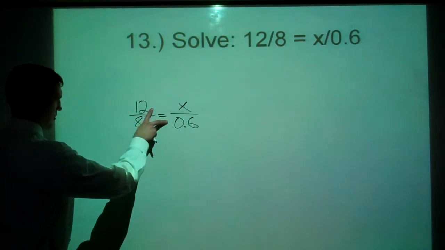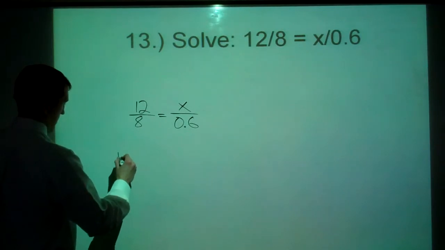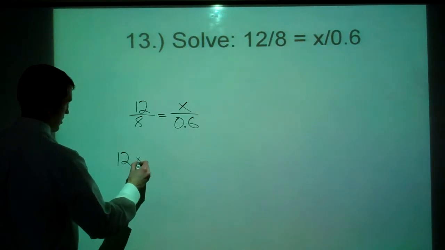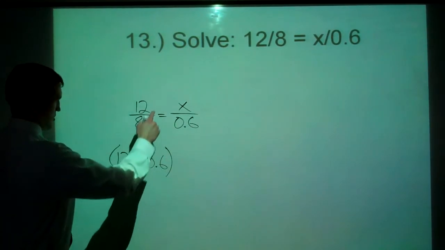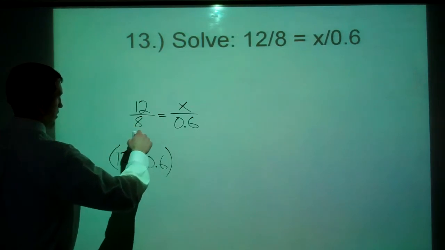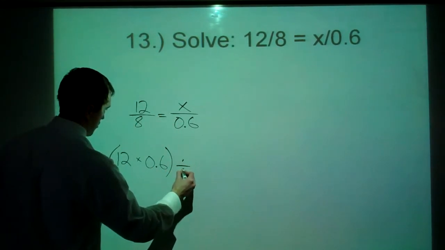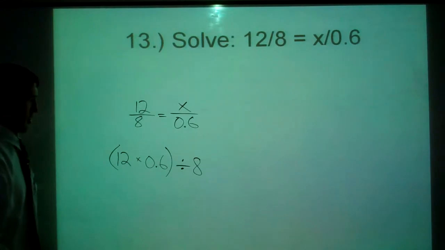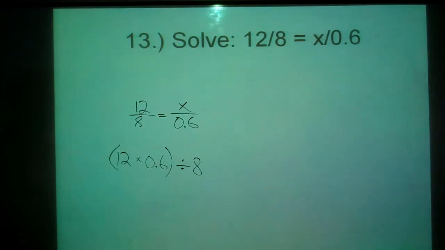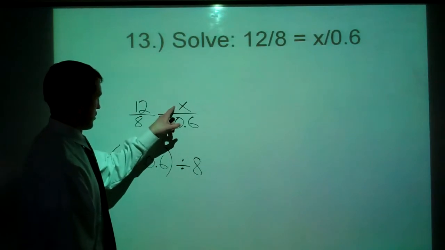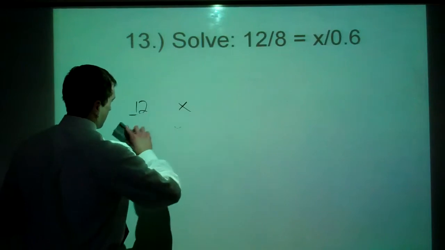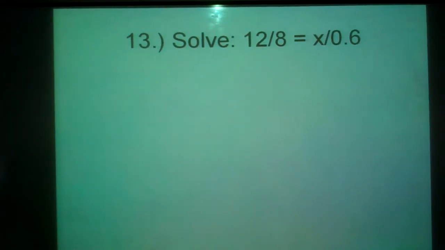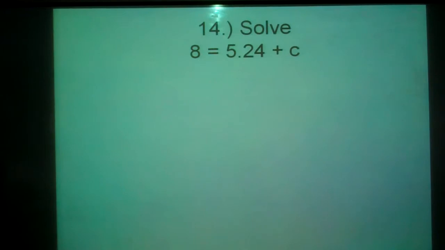Where we cross multiply the two numbers on the diagonal, 12 times 0.6, and then divide by the one diagonal from the letter. That should give us our correct answer. So if we do 12 times 0.6 divided by 8, that should give us what x is. Lots of different ways to do that one though. That's just one way to get to the solution.